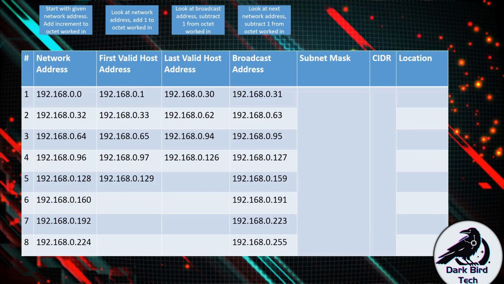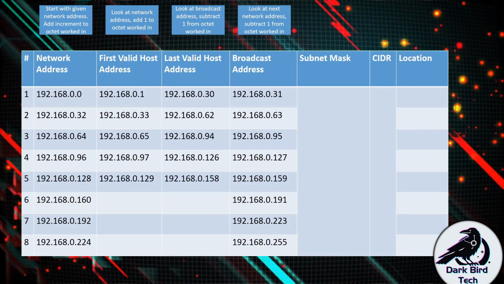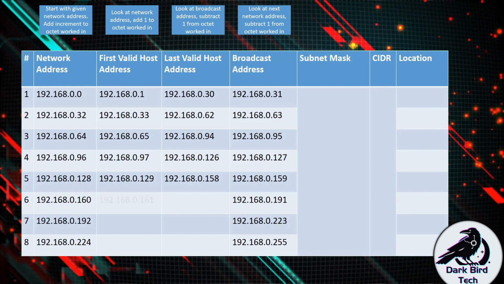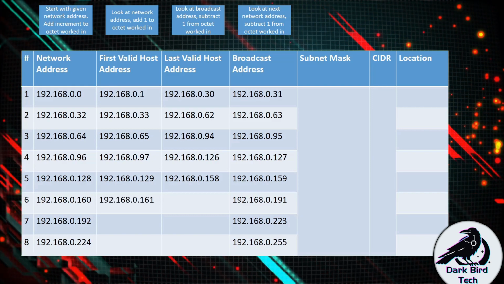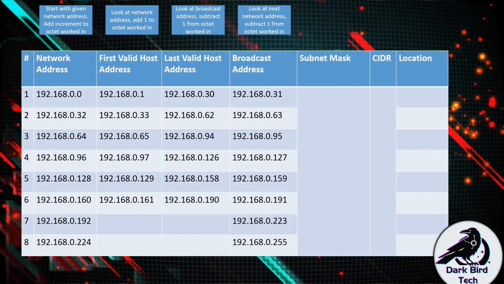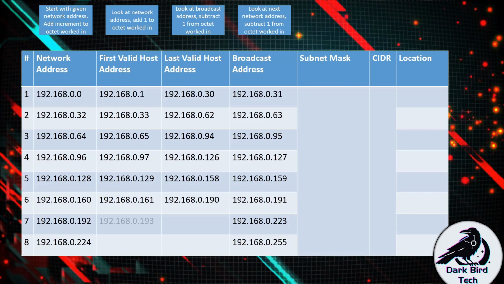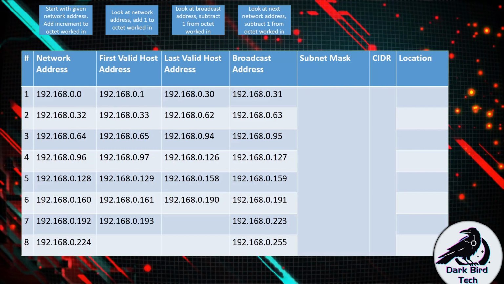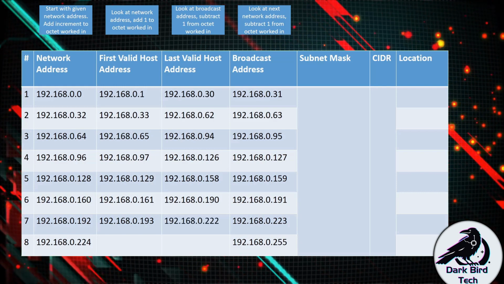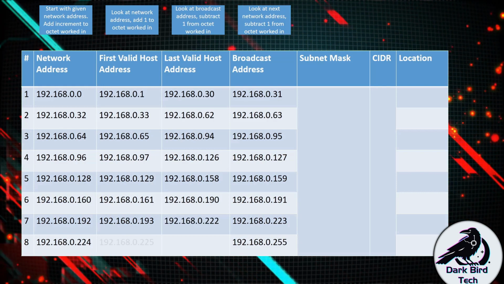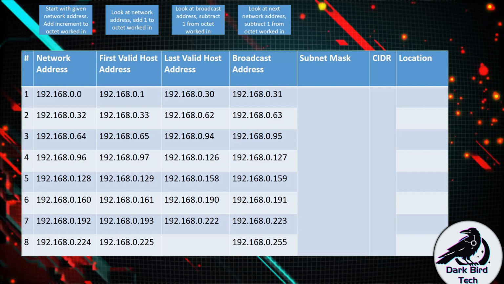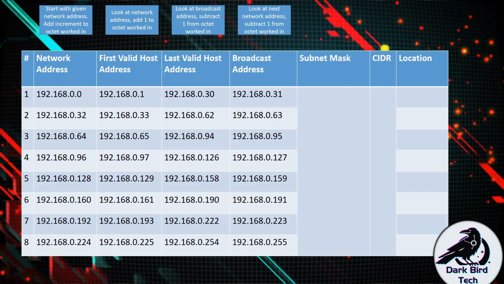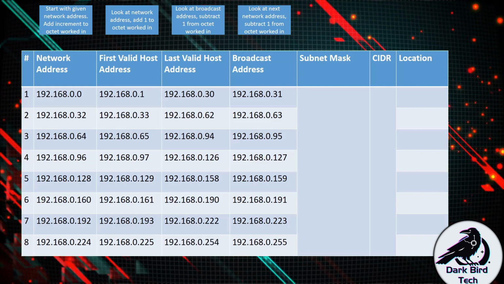And then 159 minus 1 gives me 158. 160 plus 1 gives me 161. 191 minus 1 gives me 190. 192 plus 1 gives me 193. 223 minus 1 gives me 222. 224 plus 1 is 225. And 255 minus 1 is 254.